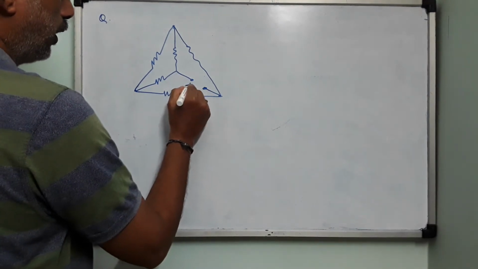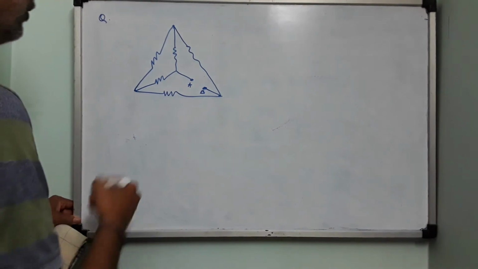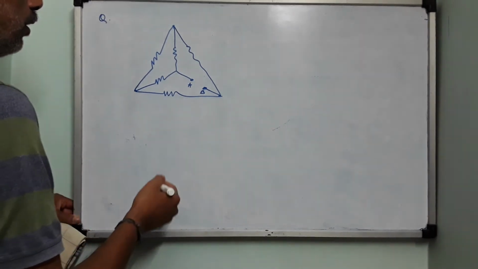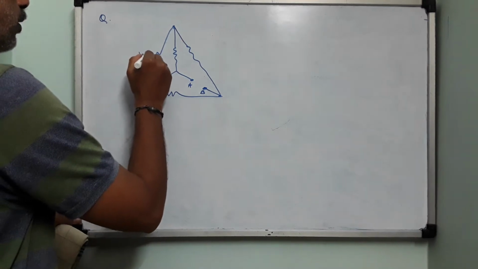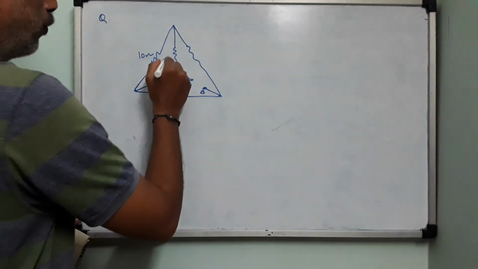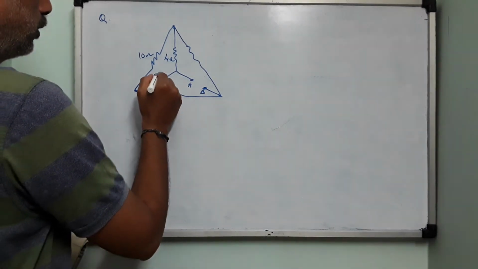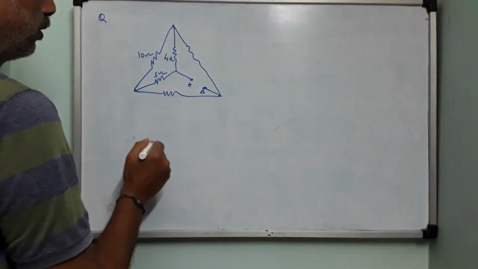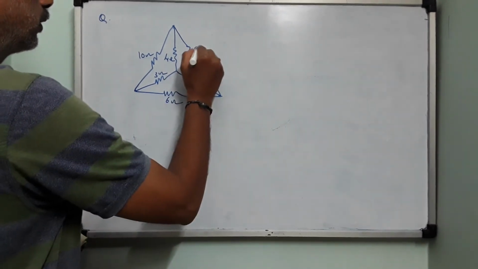We name it as A, and this is B. Now we will give the values for these resistances. Say this is a 10 ohm resistor, this is a 4 ohm resistor, this is a 3 ohm resistor, this is a 6 ohm resistor, and this is an 8 ohm resistor.